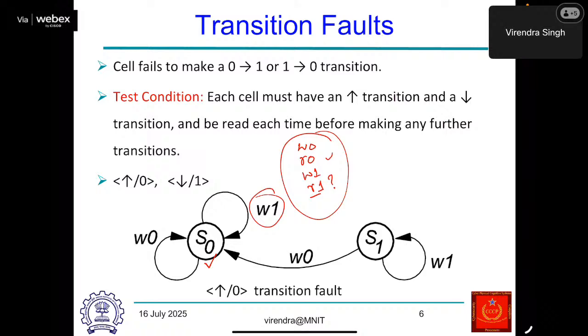So this is the transition fault, wherein I can check whether this cell is transiting from 0 to 1 or not. So this particular transition fault, when I make a transition from 0 to 1, the cell is to. So that is the transition.